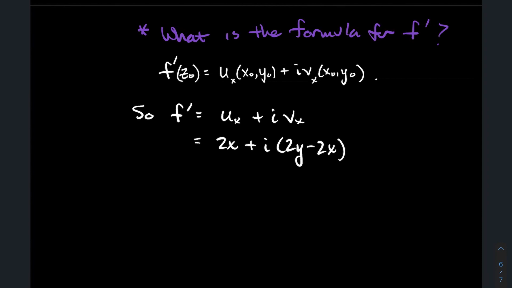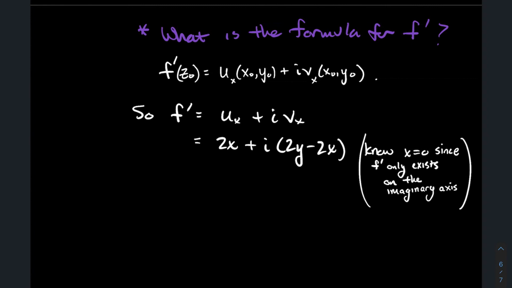Well, we did this work above. I already know what u_x looks like. It's 2x. And I already know what v_x looks like. It's 2y minus 2x. This formula only is valid when you're on the imaginary axis, which means that x has to be 0. And so if you just plug in 0 for the x's there, you're left with that the derivative has formula 2iy.